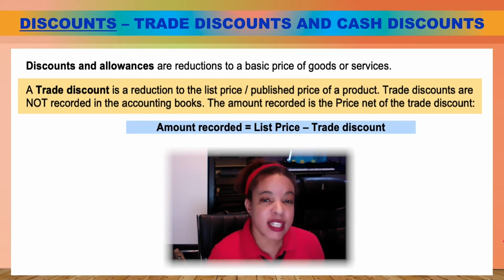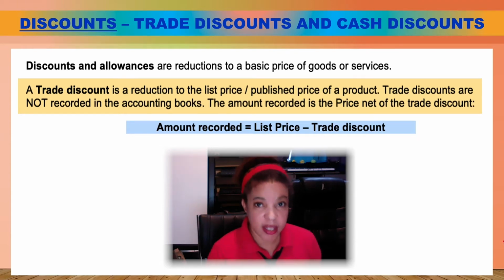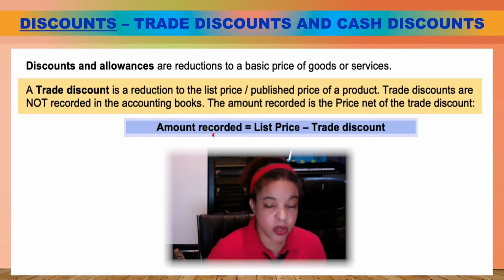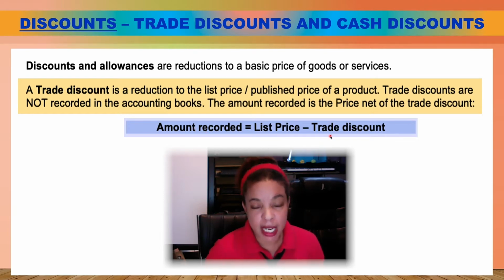The only thing that is entered in a journal, like a cash book, would be the amount of the list price minus your trade discount. In other words, your net amount.